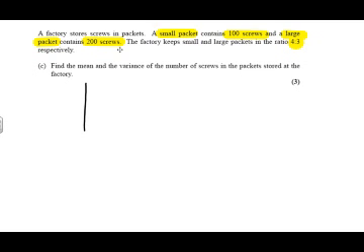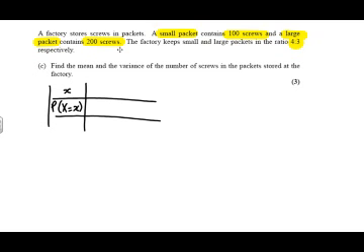Let's go ahead and put these into a table, with X being the number of screws within a packet, and here we have the probability of picking a packet of that size.